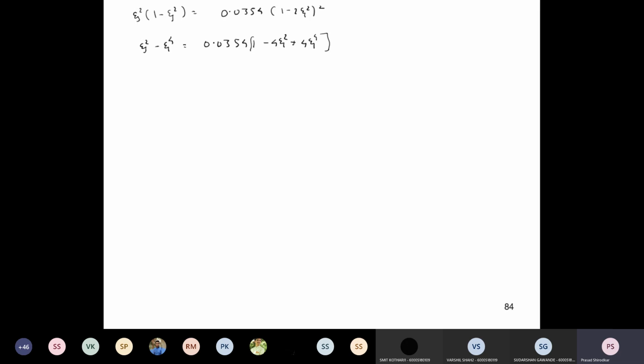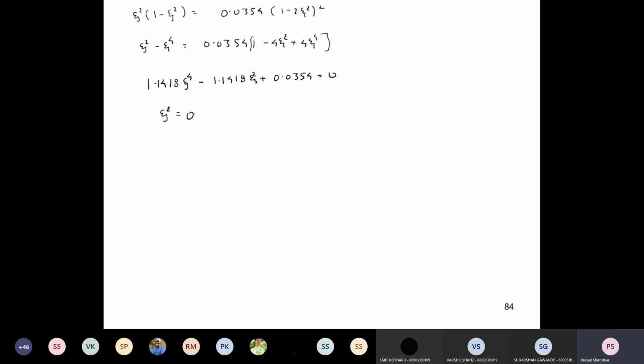So this becomes a quadratic equation in terms of zeta square, and I get 1.1418 zeta raised to 4 minus 1.1418 zeta square plus 0.0354 is equal to 0. Alright.